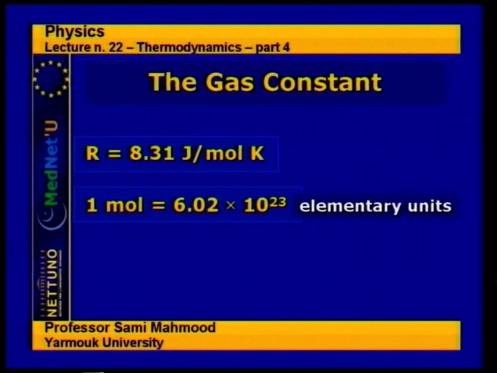So if the gas is a monatomic gas, then a mole contains 6.02 times 10 to the 23 atoms of that gas, like in the case of argon, or neon, or krypton, or helium, the noble gases which exist in a monatomic form.